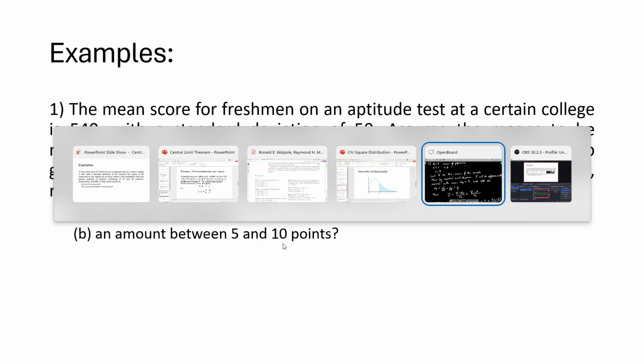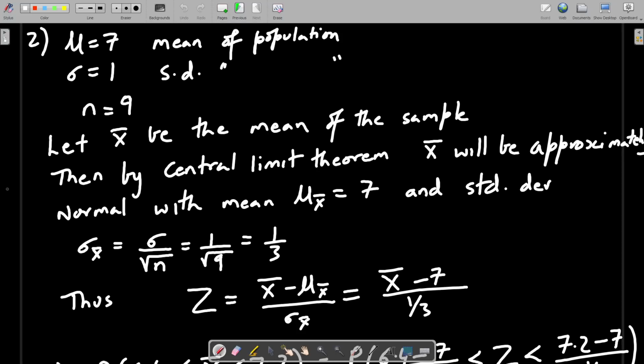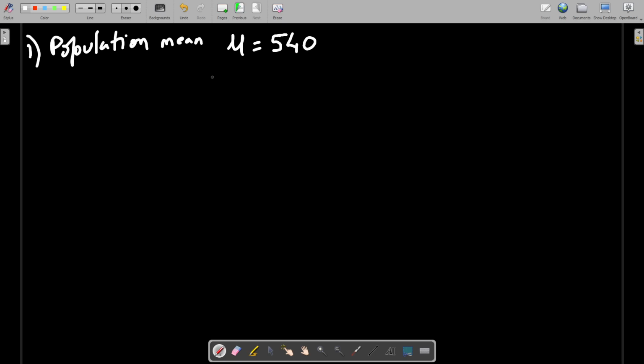So let us solve this problem now. It is given to us that the population mean mu is equal to 540 and the standard deviation of the population is 50.